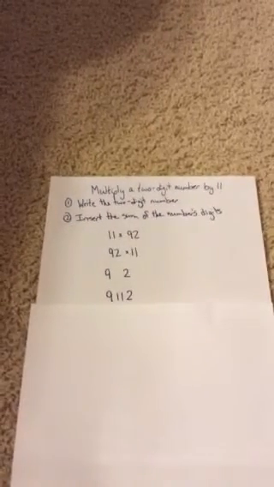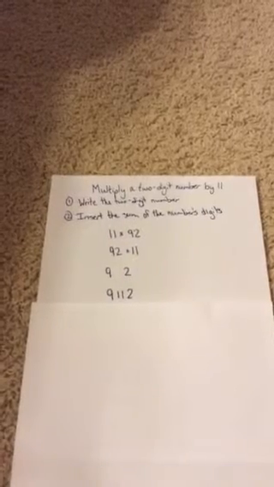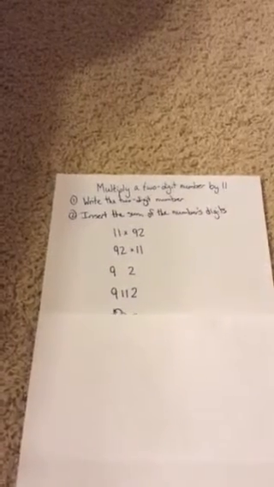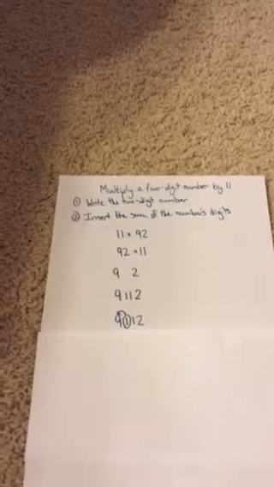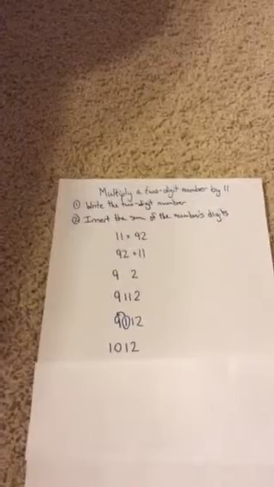Now when we add those, we get an 11. The problem is we only want 1 digit in between there. So when we look at that 11, we're going to take that 1, which is in the tens digit of the 11, and we're going to carry it over to the 9 and add it to the 9. That makes it 10, and we have our 1 and then our 2 on the end. So our final answer is 1,012.